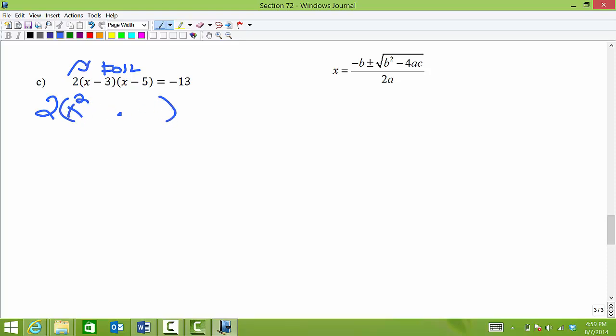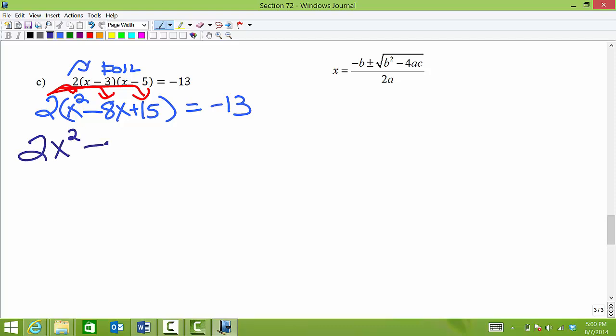That gives me x squared minus 8x plus 15. Then we're going to distribute in my 2. We get 2x squared minus 16x plus 30 is equal to -13. And the last thing that I want to do to get it into standard form is add 13 to both sides.